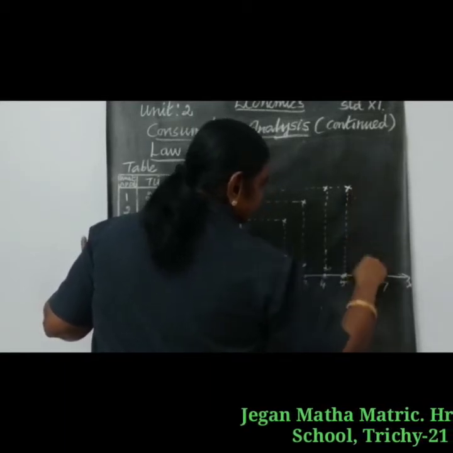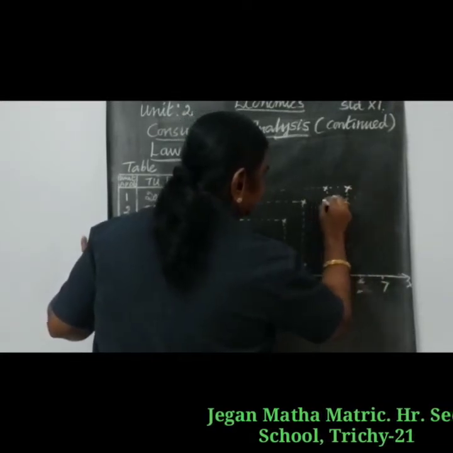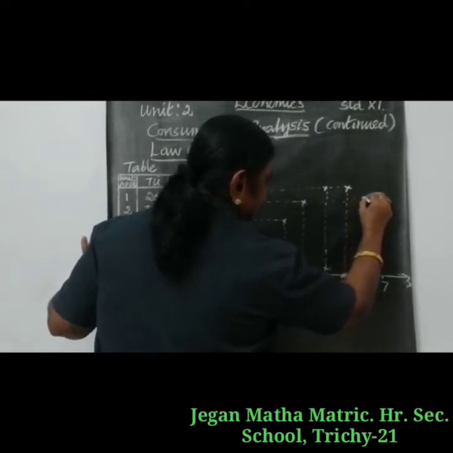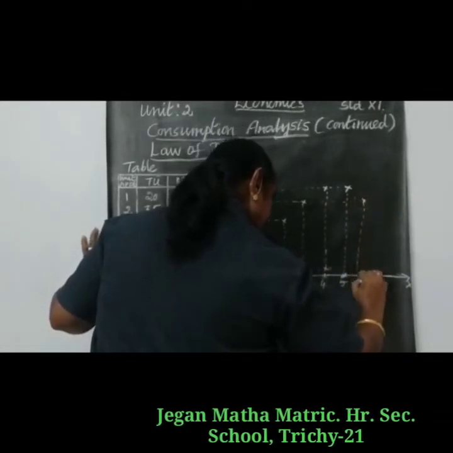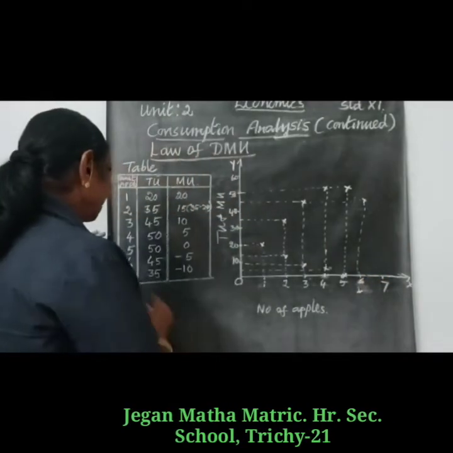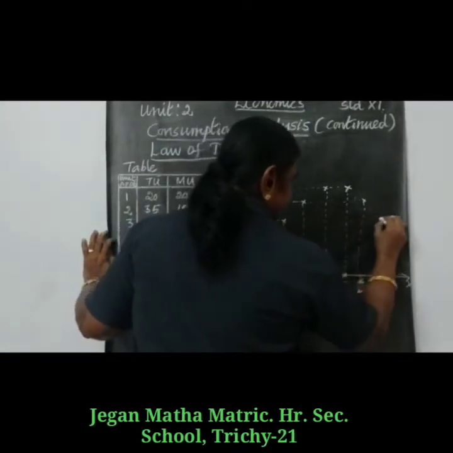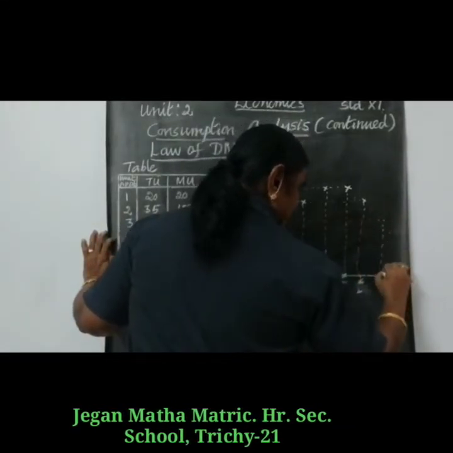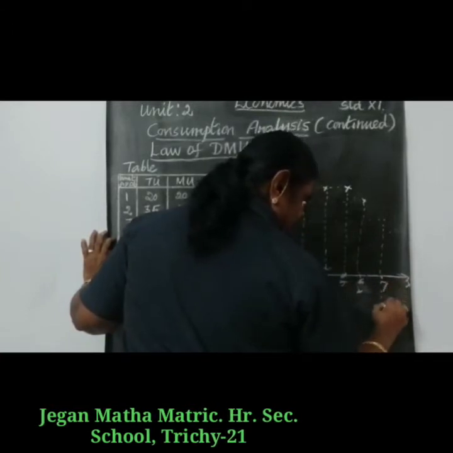And then the sixth one, automatically 45. So it will go to 45 here, and then this comes as beyond 0, negative. Seventh apple, 35. Once again, for the seventh apple, it goes down here.